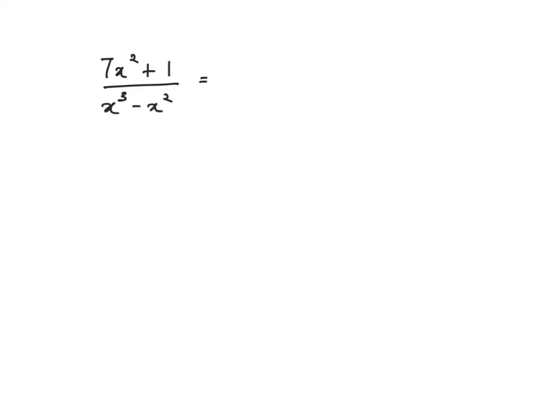So, the original problem then, 7x squared plus 1 over x cubed minus x squared. It was a, which was minus 1 over x, plus minus 1 over x squared, because b has the value minus 1 as well, plus 8 over x minus 1.